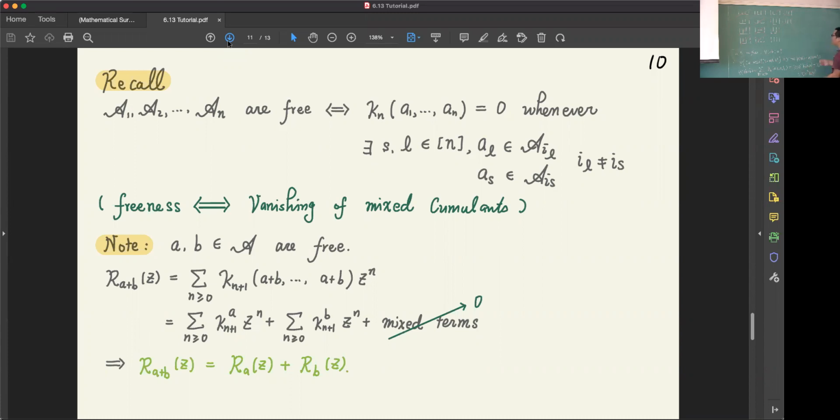We also know that κ1 is φ, and κ2 is the variance, which is φ(A²) minus φ(A)². So maybe I jump to the result. After you do that, you will see it's φ(A²)φ(B)² plus φ(A)²φ(B²) minus φ(A)²φ(B)².